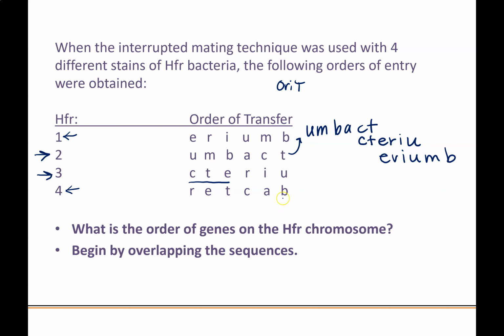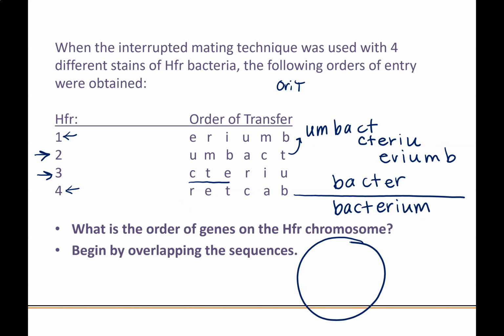This one, if we turn it around, BACTER. So we can get our full order by sort of adding these together. Our gene order is actually going to be BACTERIUM.